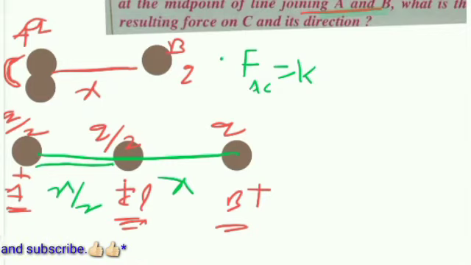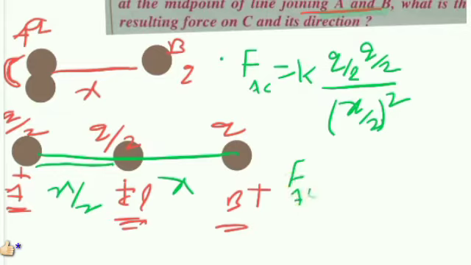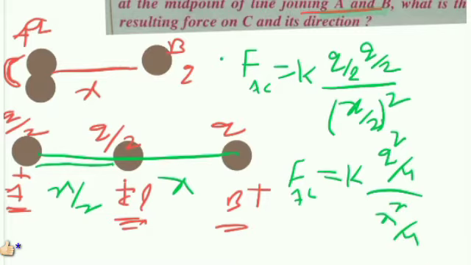Now K into Q by 2 into Q by 2 by distance x by 2 whole square. Then F AC is equal to K into Q square by 4 by x square by 4.